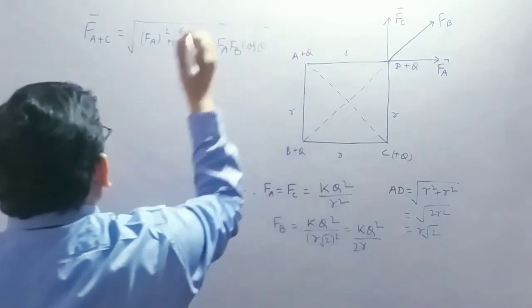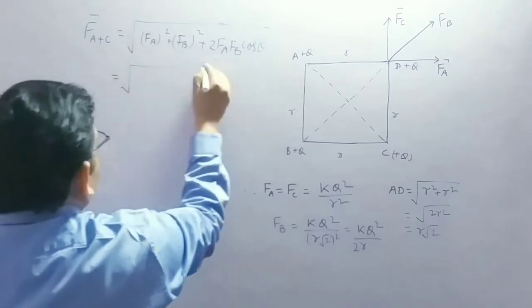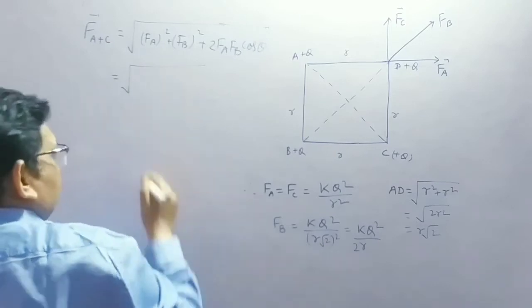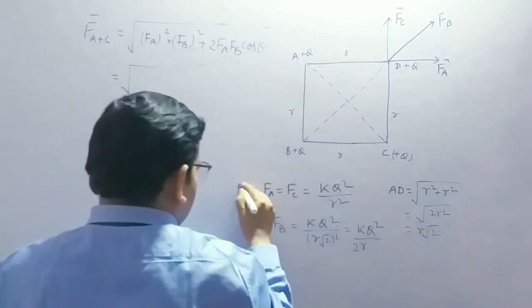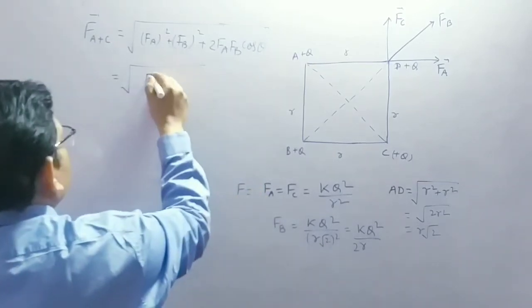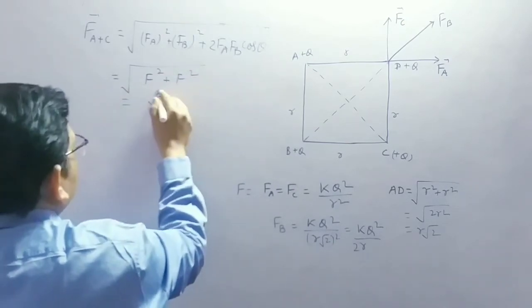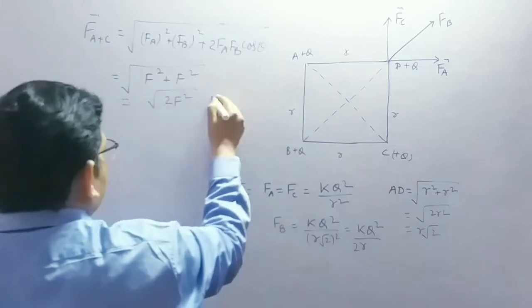The angle is 90 degrees, cos 90 is 0, and the magnitudes of force A and force C are equal. So assume this force is equal to F. This can be written as F square plus F square, that is twice F square, F root 2.